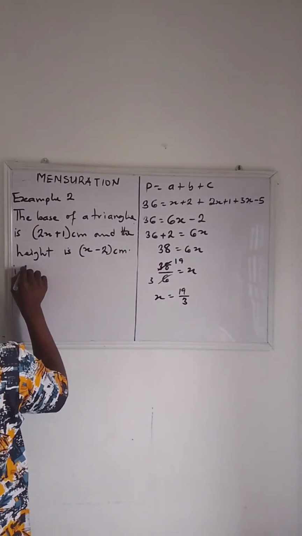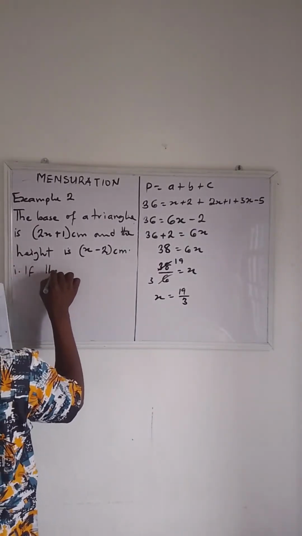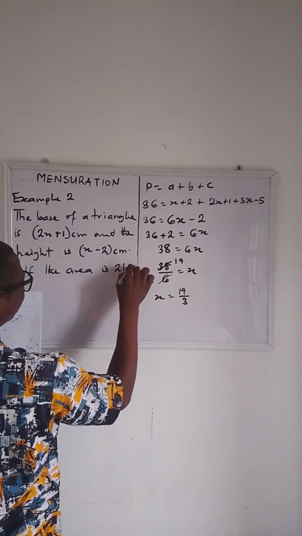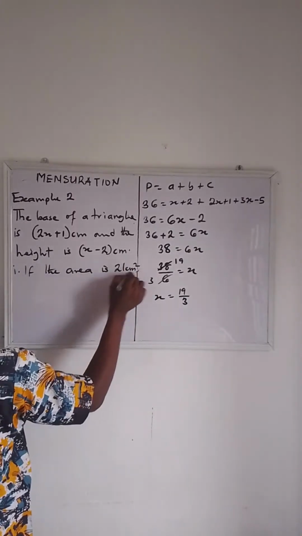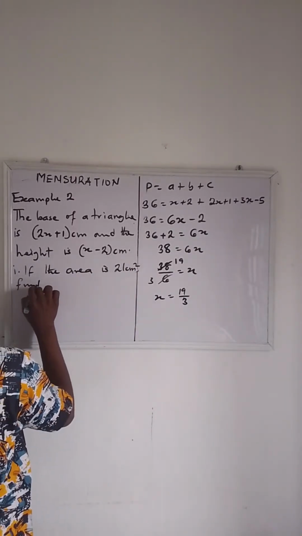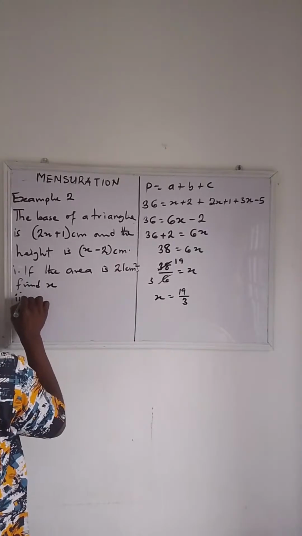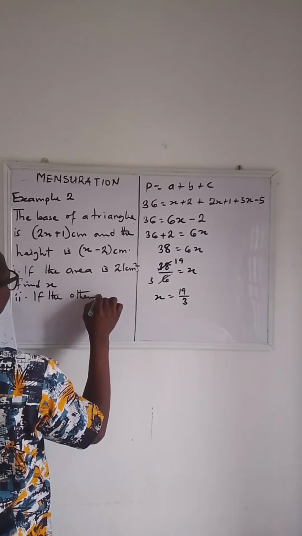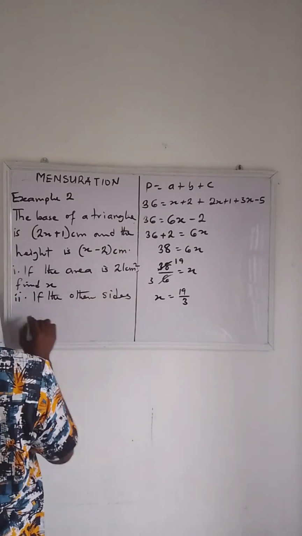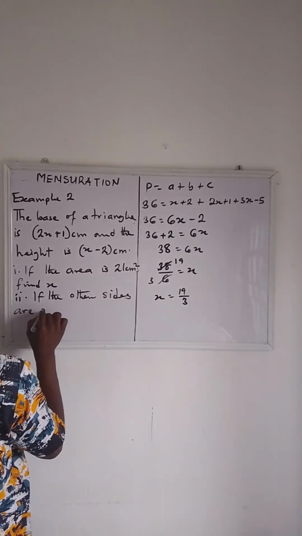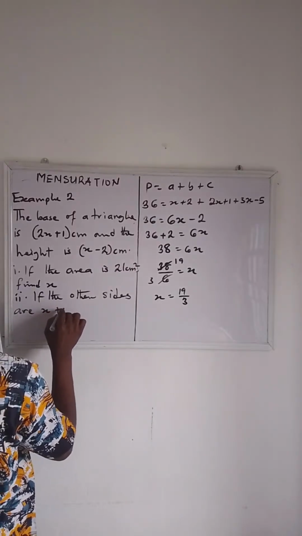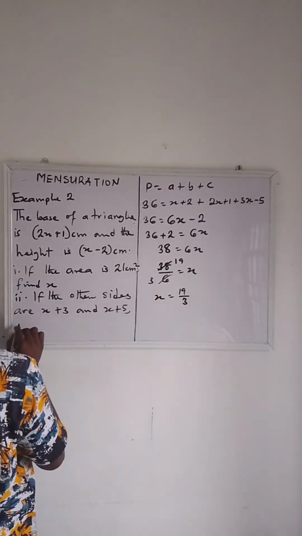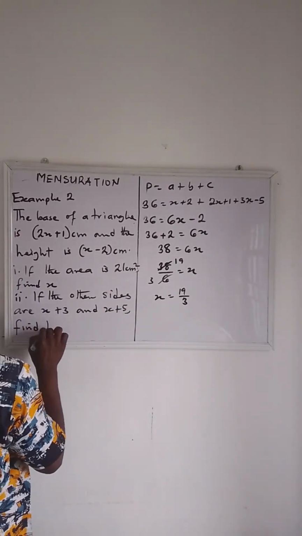Now, from figure 1, if the area is 21 centimeters square, find x. And the second one, if the other sides are x plus 3 and x plus 5, find the perimeter.